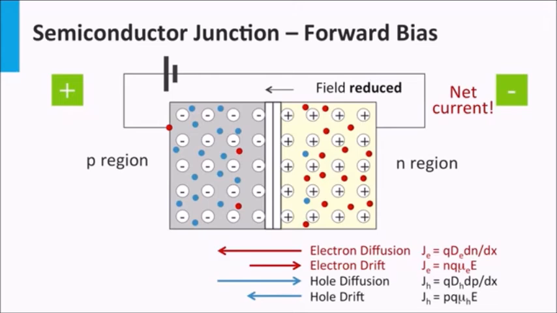First, since the width of the depletion zone is smaller, or in other words, dx is getting smaller, the density gradients dn/dx and dp/dx become much larger. As a consequence, the current density related to diffusion becomes significantly larger, indicated by the larger arrows.